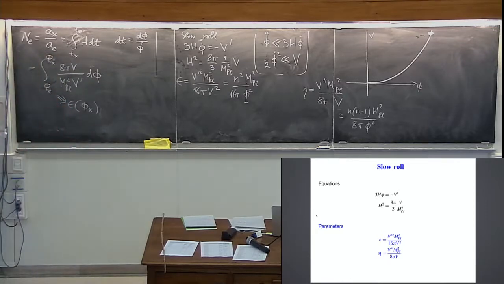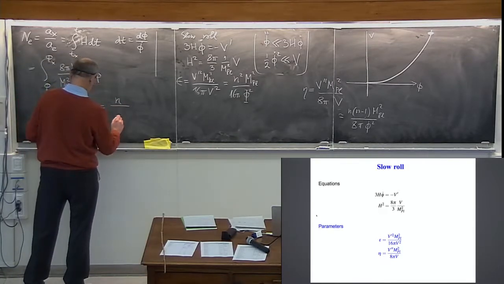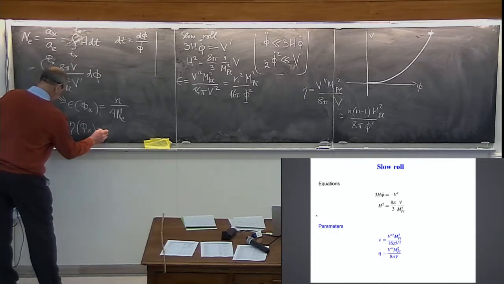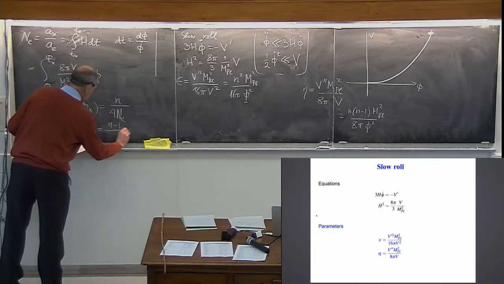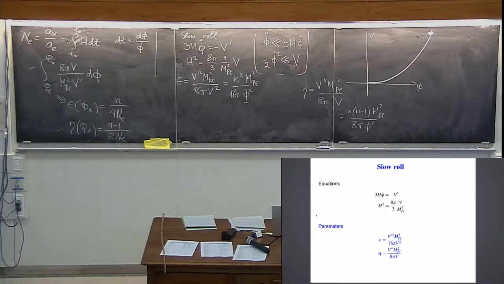Okay. And for example, again, for power law potentials, epsilon at horizon crossing is n over 4 N_e, and eta is n minus 1 over 2 N_e. Those who didn't do this calculation, it's pretty simple, right? You do this integral for a power law potential, which is essentially phi d phi, phi squared, right? Modulo this factor of n in the denominator.